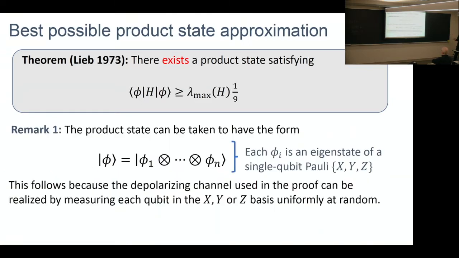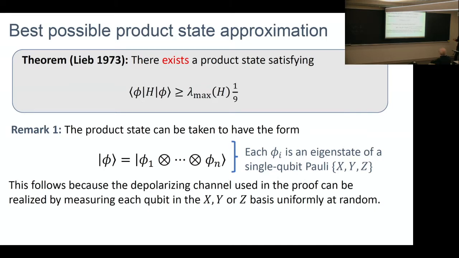You can take the product state to have some specific form, but maybe the more interesting thing on this slide is that you can think of this depolarizing channel as choosing a random X, Y, or Z Pauli basis for each qubit, measuring in that basis, and then preparing the state that you measured. That always outputs a product state, and the average energy will be 1/9 of the maximum.